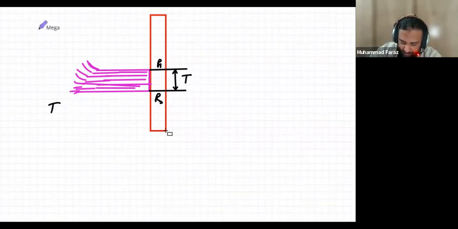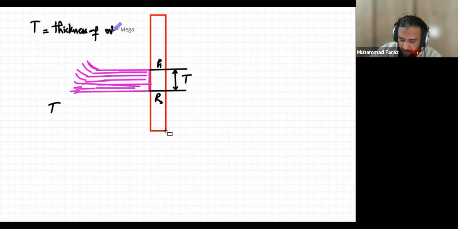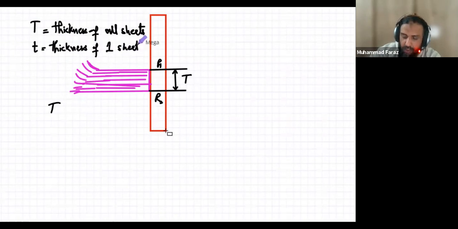Let me make a key over here. T means thickness of all sheets of paper, and small t is thickness of one sheet. How can we measure how thick is one single paper?